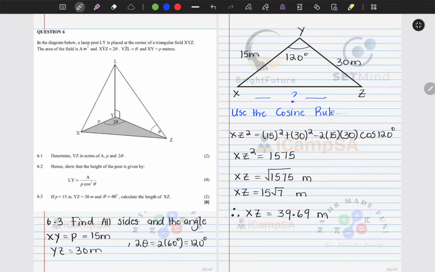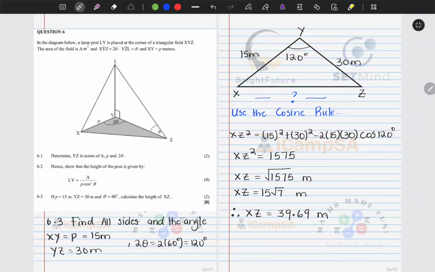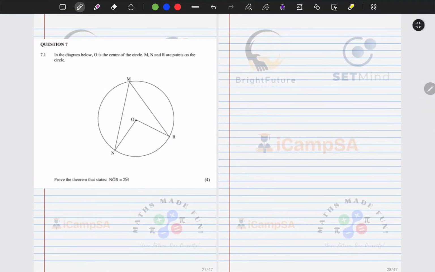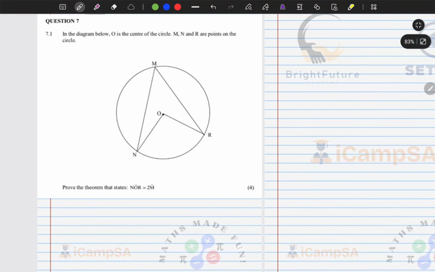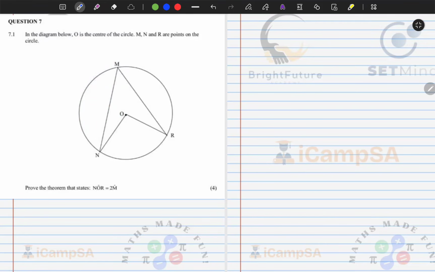So I hope that you guys understand, and you could possibly get all these questions correct. Okay. Then question number 7, which is very standard and everyone should have gotten these marks here. They want us to show that the angle that is here, 2 times m, is the same as the angle that is here.